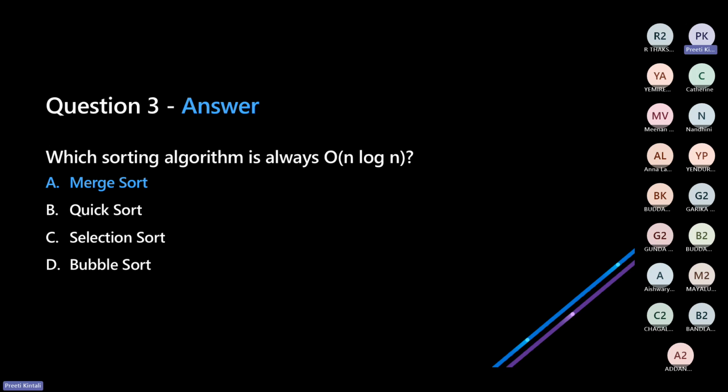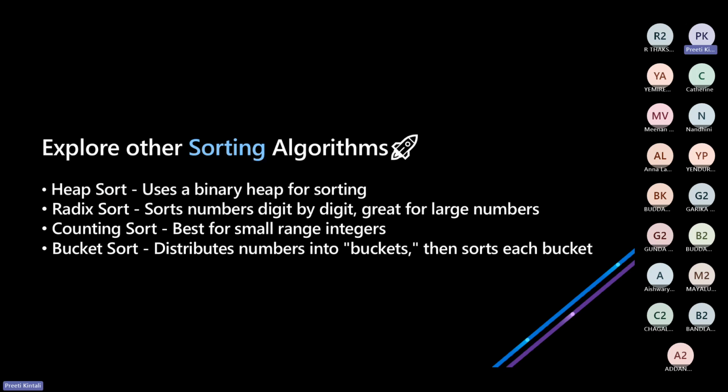That's it about the quiz. After this session, you can of course revise all the algorithms which I have told you to be perfect in them. But if you want to explore other sorting algorithms, we have heap sort, as I said before, then radix sort, counting sort and bucket sort.